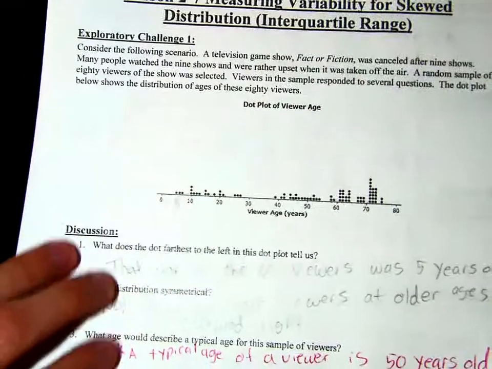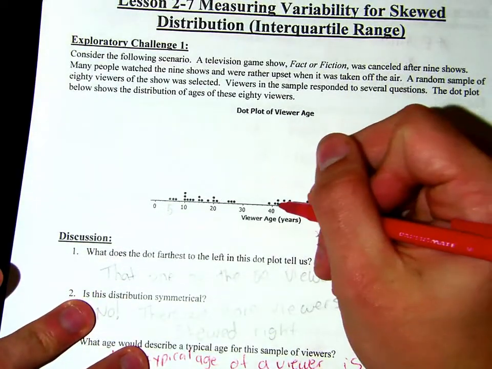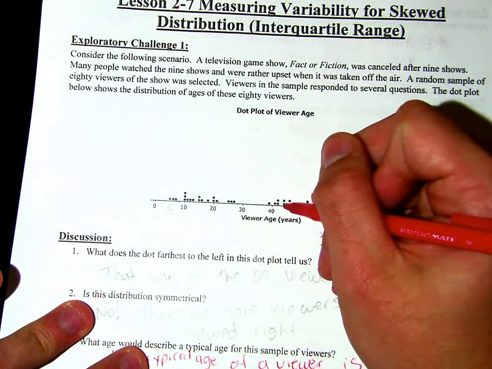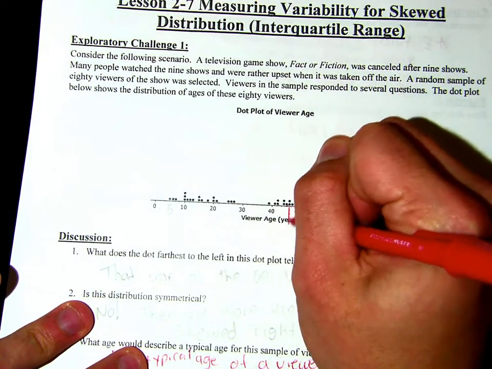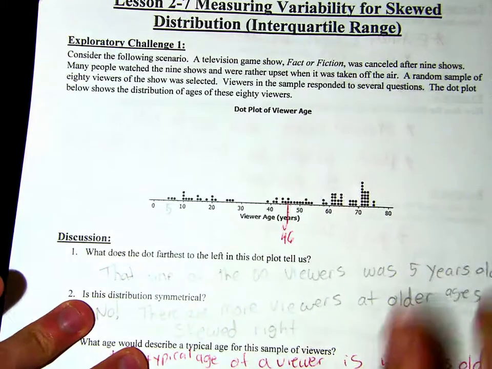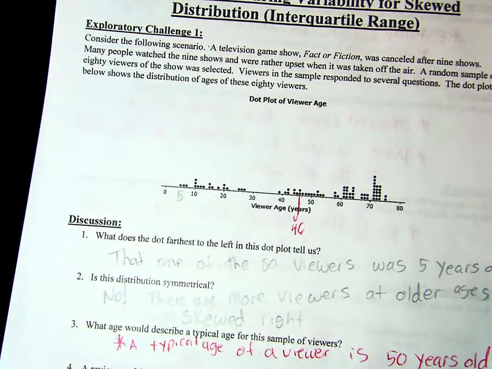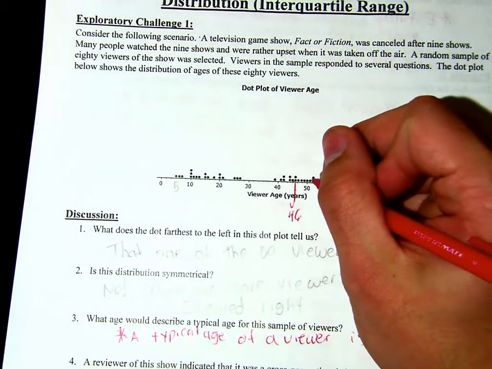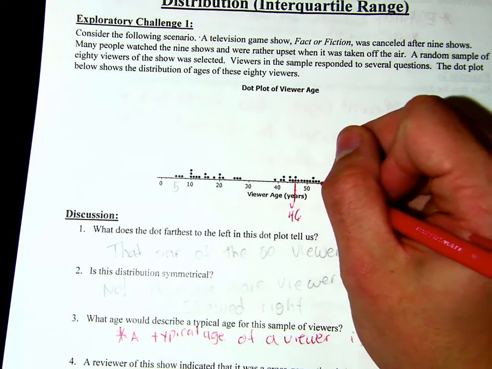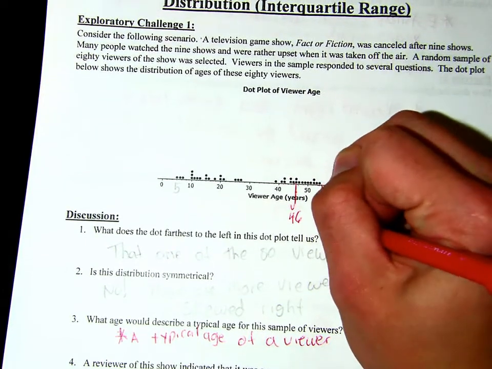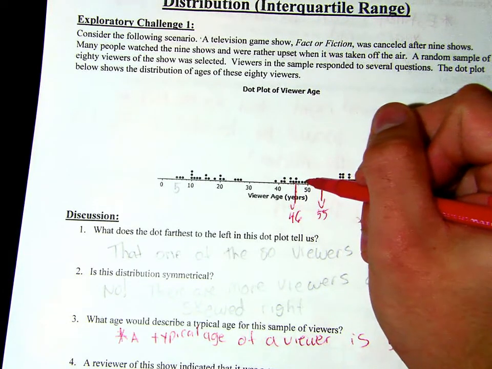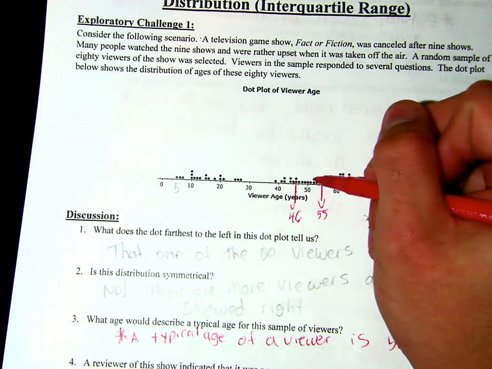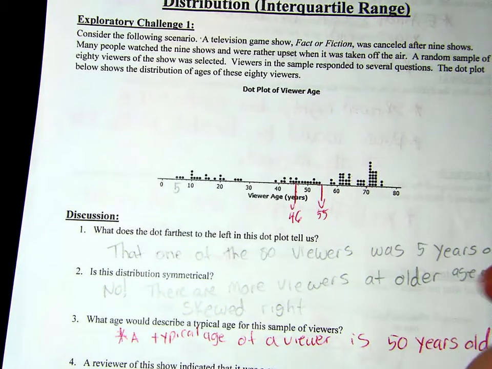This is 41, 42, 43, 44, 45, so this would be 46, and we're going from 46 to 55. So 55 would be 51, 52, 53, 54, so this would be about 55. Between 46 and 55, there's 1, 2, 3, 4, 5, 6, 7, 8, 9, 10, 11, 12. So there are 12 values between 46 and 55.